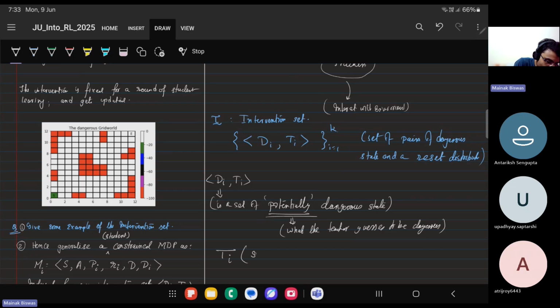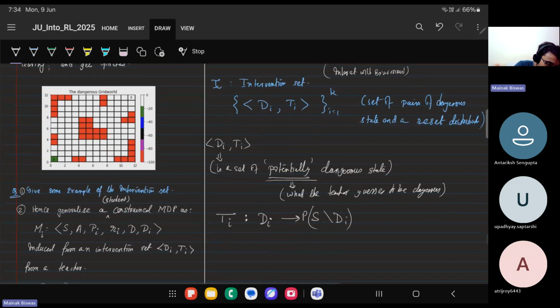So for this, what the teacher does is, for T_I, the reset distribution is something like this. The reset distribution tau_T_I maps from the states in D_I to the remaining states, that is S minus D_I, that is, maps to a probability distribution over the remaining states.